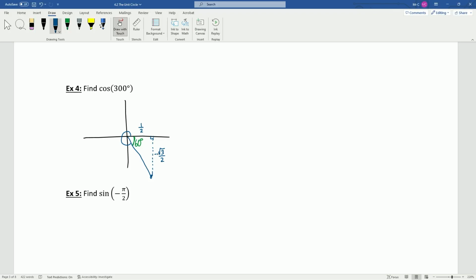And the y value here is negative because we're in the fourth quadrant. So the x value is positive, but the y value is negative. So now that tells me that cosine of 300 degrees is my x value. That's 1/2. Now, on the other hand, again, it wasn't asked, but I'll just go ahead and notice that this approach immediately gives me the sine value too. Sine is negative root 3 over 2.